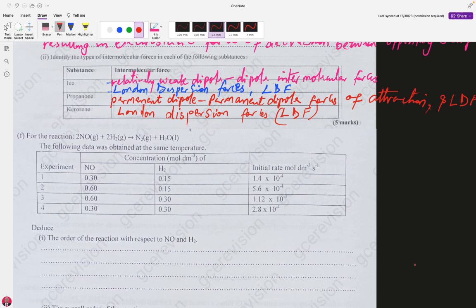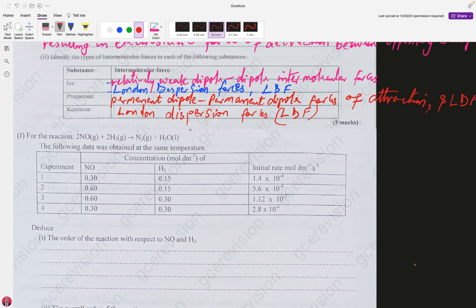Now, when you are given a reaction like this and you have been asked to calculate the order of reaction, given the concentration of the reactants, that is nitrogen monoxide and hydrogen, and their initial rates of reaction.